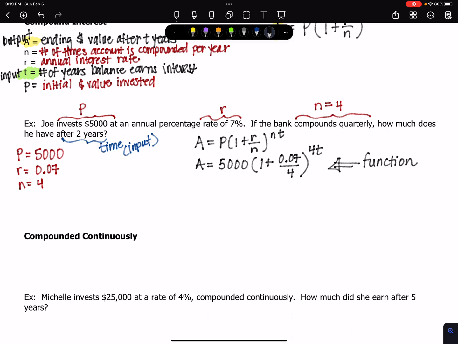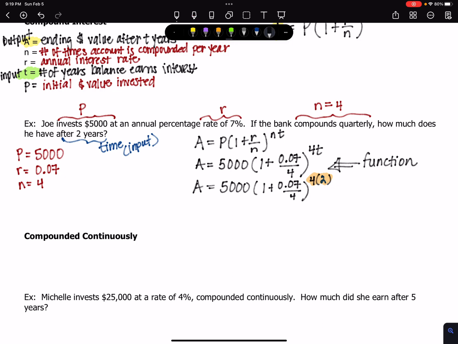Now that we have the function, we can put in time equals 2. So we'll have A equals 5,000 times 1 plus 0.07 divided by 4 raised to the 4 times 2 years. Before we get anxious and put this into our calculator, let's look at this exponent.